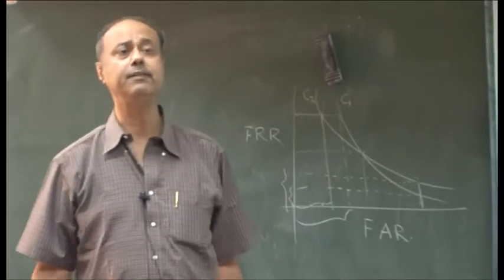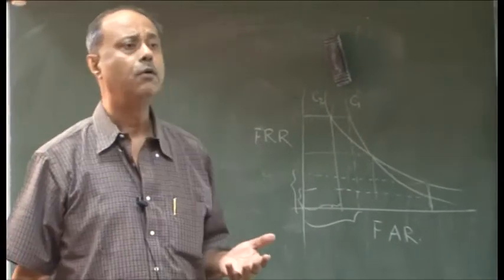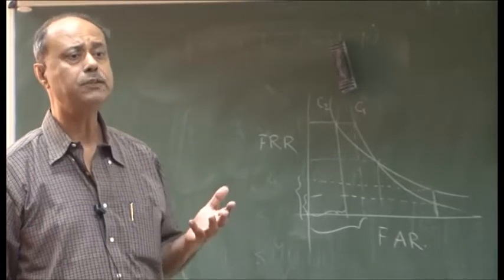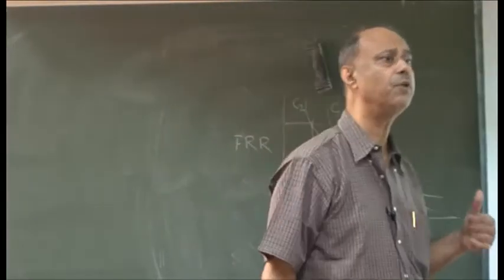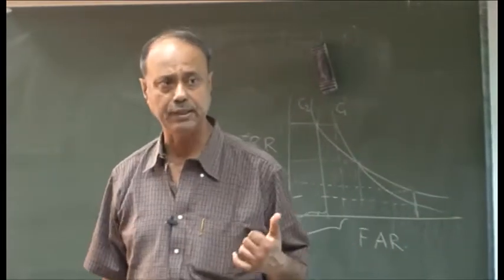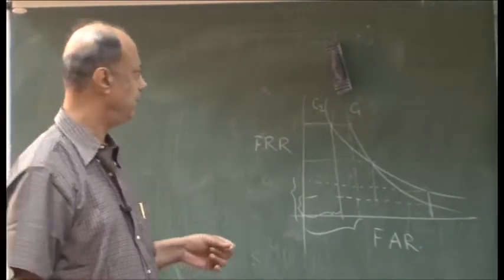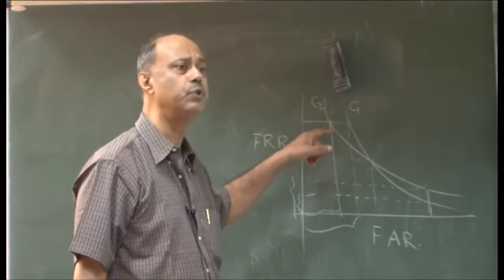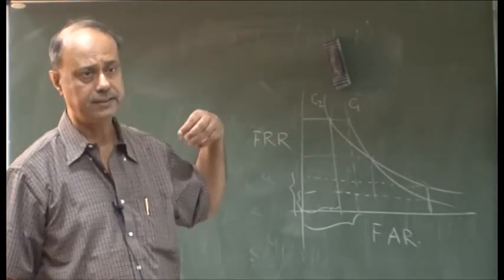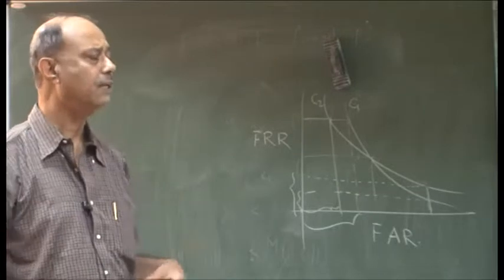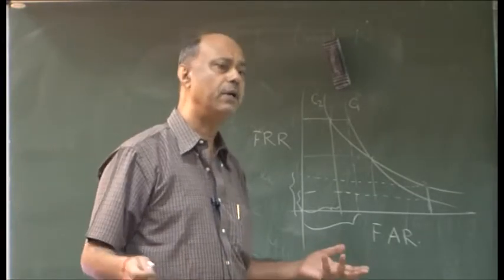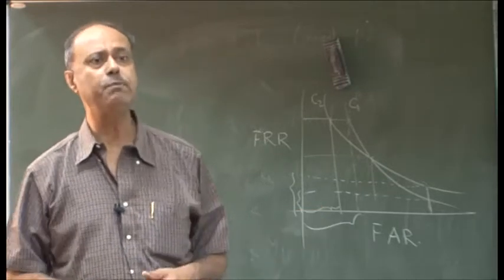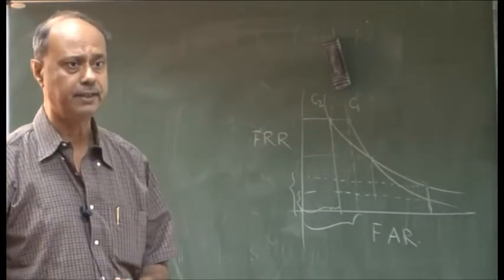Basically, you will ask the person who wants the service which one they want: should the false acceptance rate have the higher priority, or the false rejection rate? Based on that, you select which curve is suitable for you and take the decision. And if they say no, I don't care, any one of them is okay, or both are equally probable, then your problem is different.